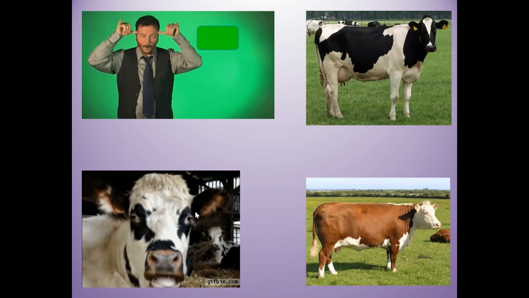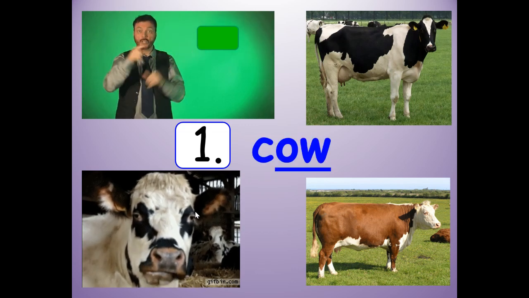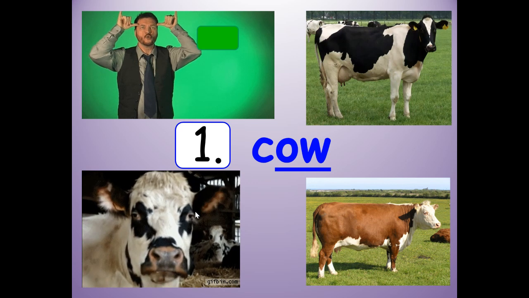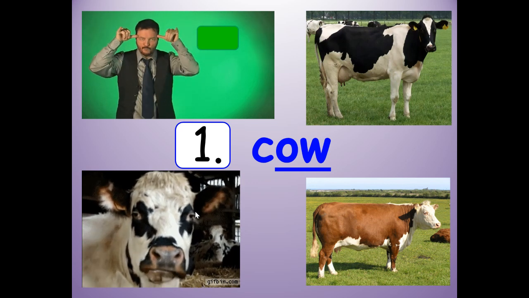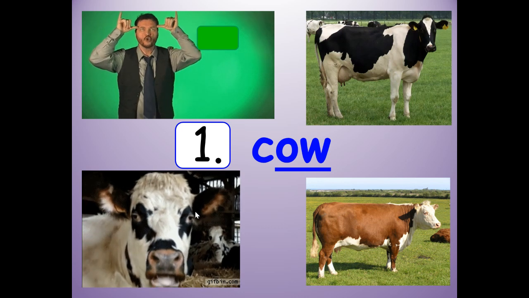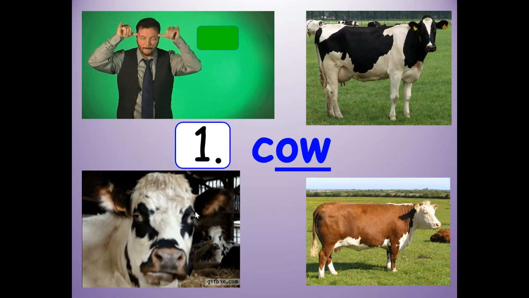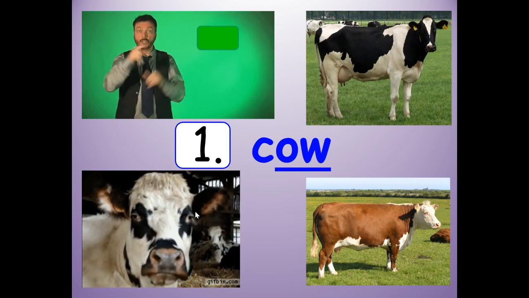What is this? Number 1, cow. C-O-W. If you want to, you can underline the O-W. It says ow, cow. And the man up at the left is showing us how to say cow in sign language.